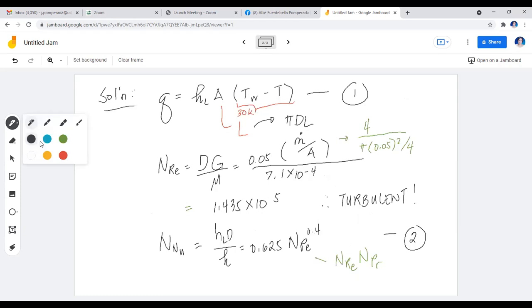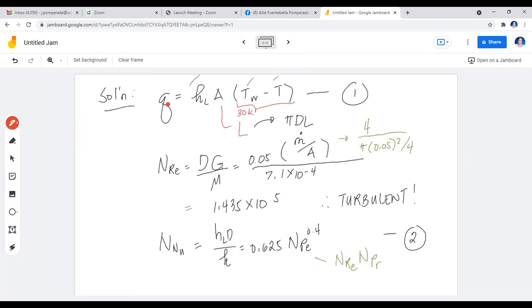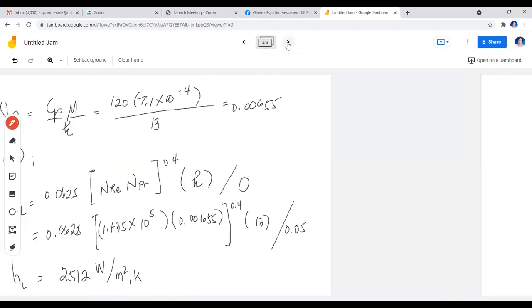So now I will check this already. I have this known, and this is known already as 30 Kelvin, the difference of the two. Then the next thing to be determined is your Q. Let me ask anybody here, what do you think will be the Q that you will equate to this expression, so that you will be left only with the A?